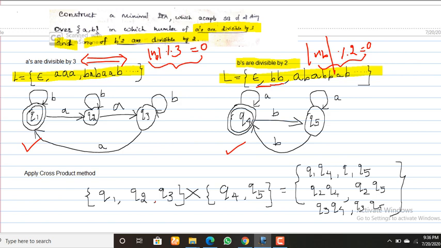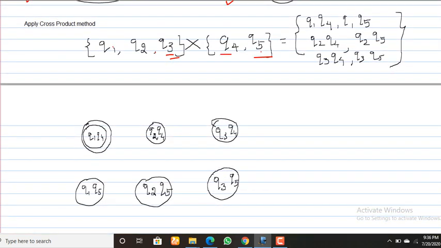The cross product means Q1Q4, Q1Q5, Q2Q4, Q2Q5, Q3Q4, Q3Q5. In your constructed DFA the states can be in any order, but for a perfect look I'm adding Q1Q5 just below Q1Q4. Q1Q4 is our starting state.